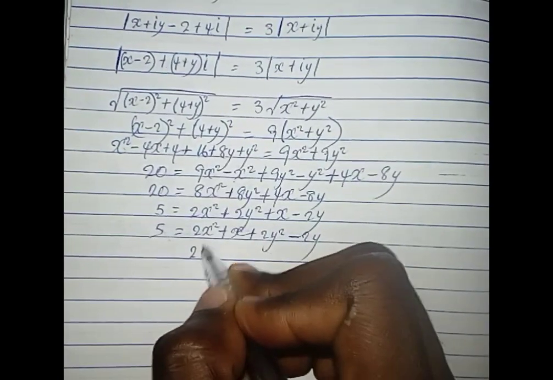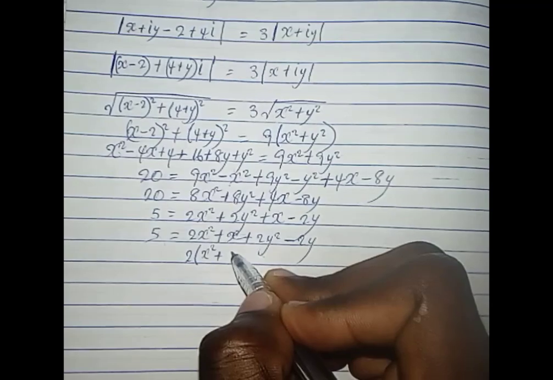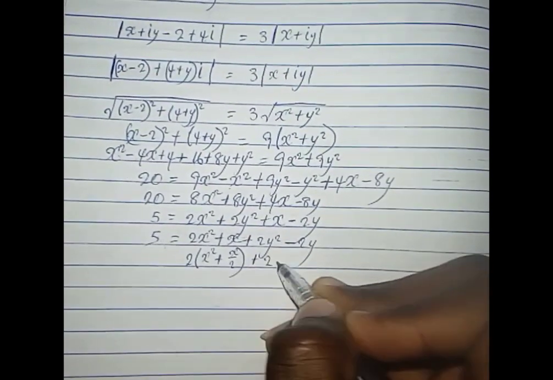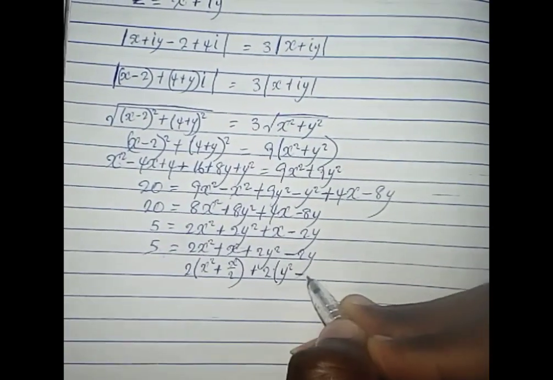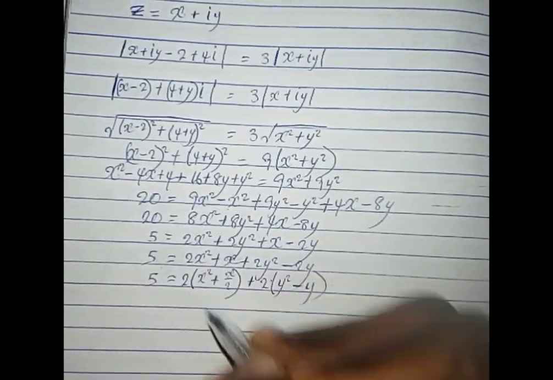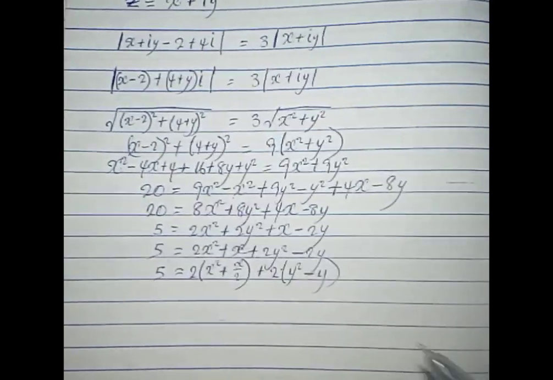So this is 2 in brackets x squared plus x over 2, plus 2 in brackets y squared minus y. Now I have factored out the coefficients of x squared and also the coefficients of y squared.